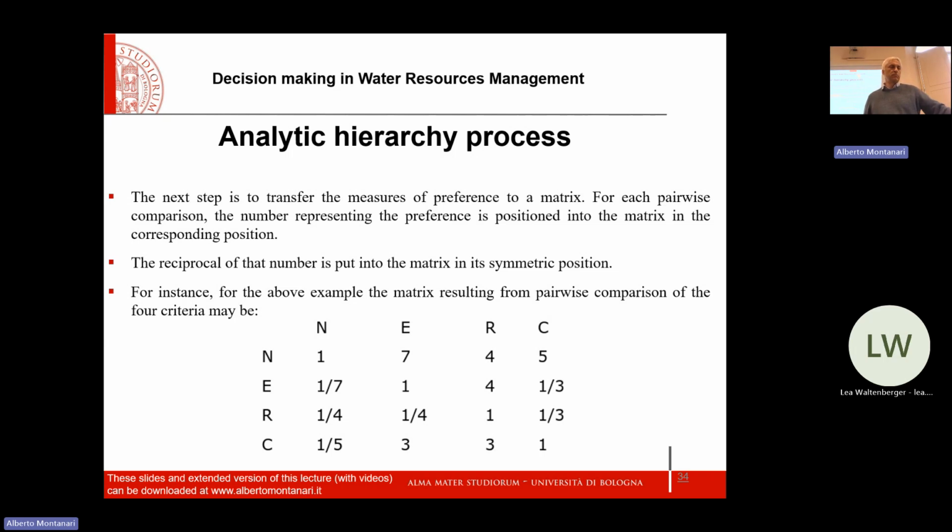Then we compare the environmental impact with the CO2, and let's say that they say 1/3. Then we go to the third line. 1/4 was already given, and 1/4 was already given. It's only missing the comparison between R and C, river flow and the CO2.